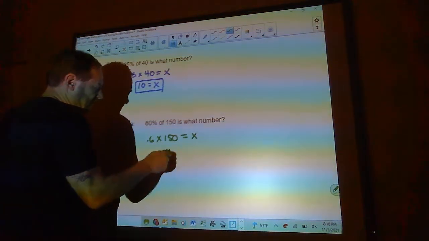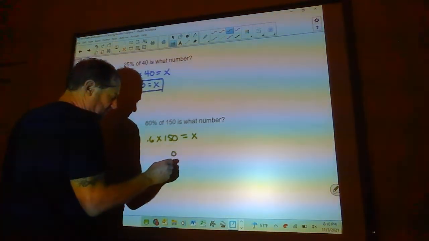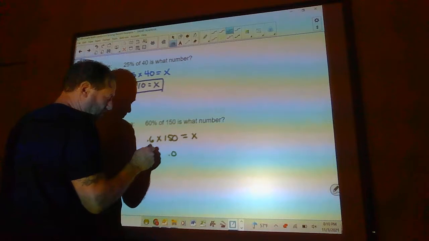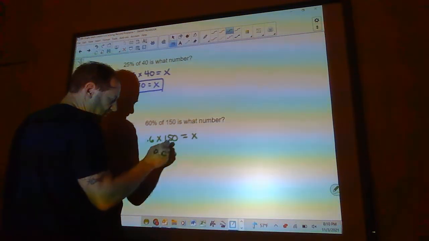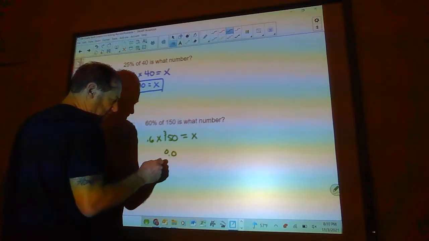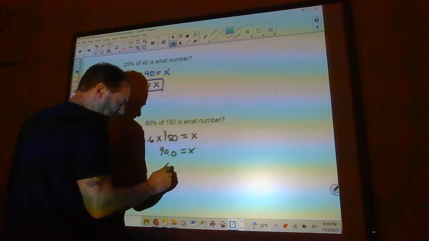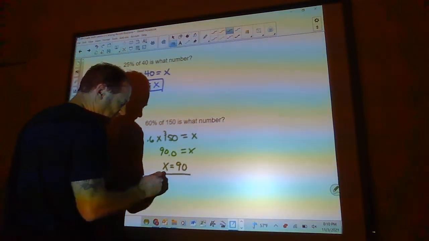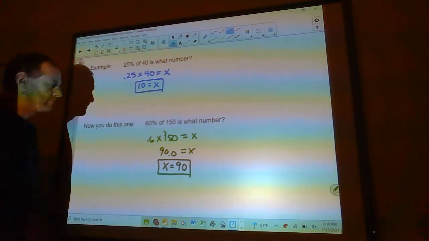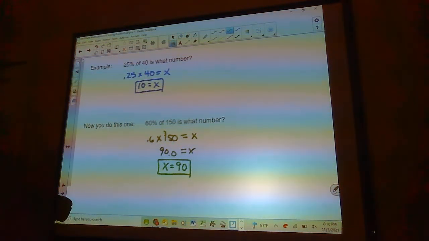Okay, so 0.6 times 150, that's going to be what? 0 with a decimal, because we have one decimal place. It's going to be 30. That's going to be 90. Okay, so x is 90. And there you go.